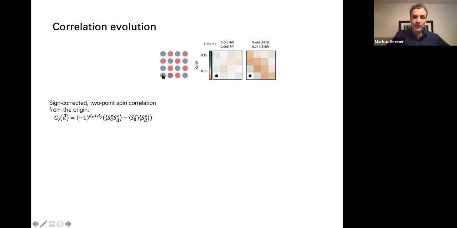And now this one here has the opposite correlation from the staggered magnetization here. So this is exactly the opposite of what you would find if this atom was red here. And after a long time, when the hole really has moved away, then we see these positive antiferromagnetic correlations again. But what's also interesting is that for short distances here, we always have the positive correlations.